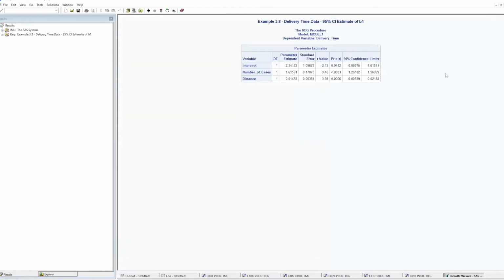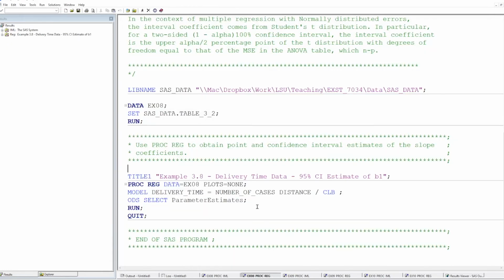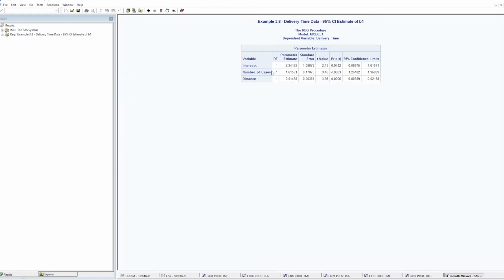I'm just printing out the parameter estimates table. As we typically have, there are the parameter estimates. For example, the parameter estimate for beta 1, beta 1 hat, is 1.61591. Out to the right are the lower and upper endpoints for 95% confidence intervals for each of the beta parameters in the model.